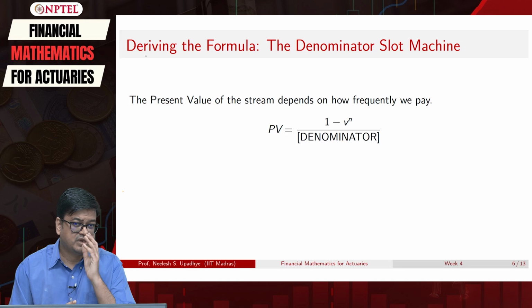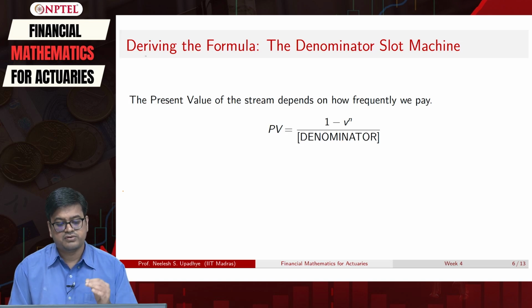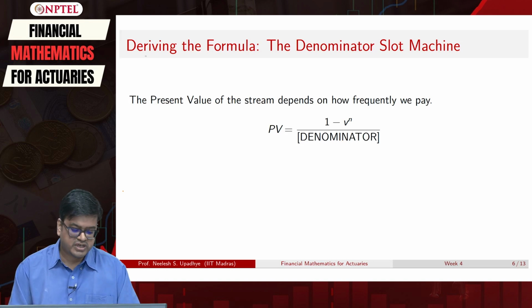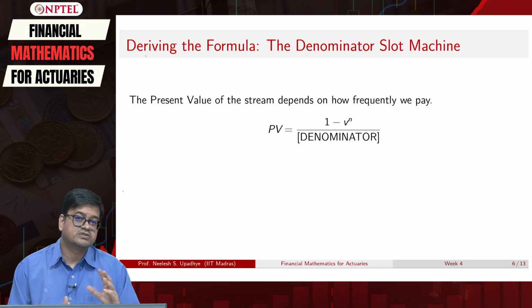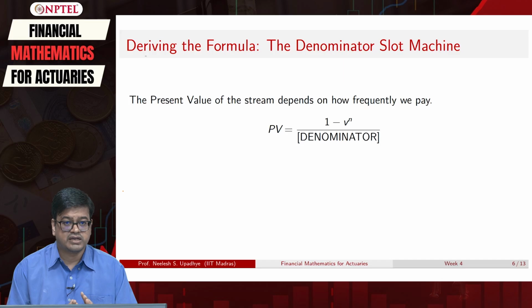So we will keep that in mind. When we started with present value of annuities, we had a formula of PV equal to 1 minus V raised to n, where V can be associated with the interest rate as V is equal to 1 upon 1 plus I.